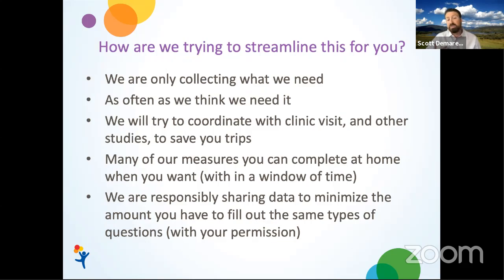And then we're responsibly trying to share data where we can across these different databases and different groups so that you don't have to fill out the same questions multiple times. We have to do that in a way that's consistent with all the regulatory processes that were described throughout the morning. And we have to do that with your permission. But we're doing our best on the back end to make it possible to do that should you want us to.